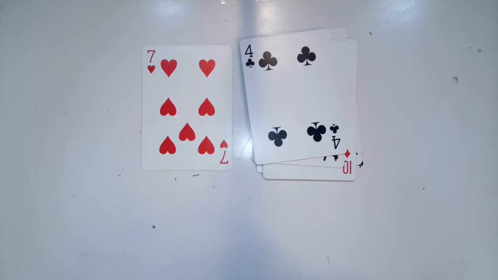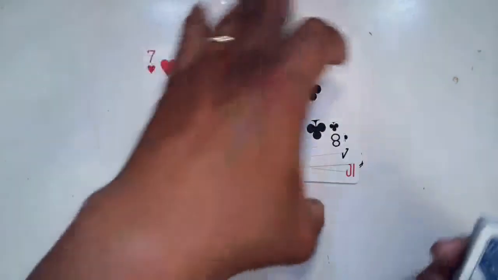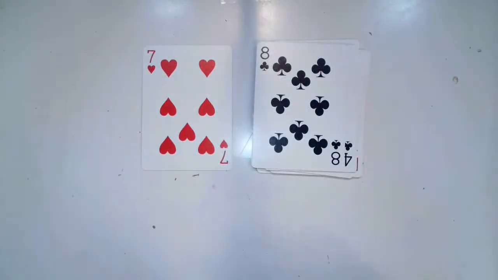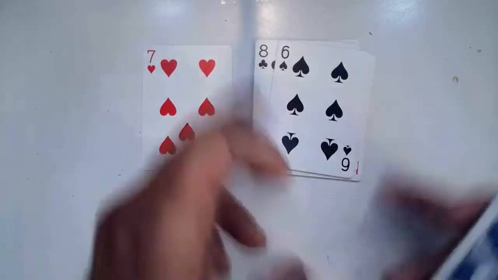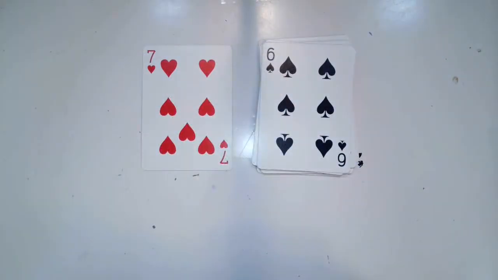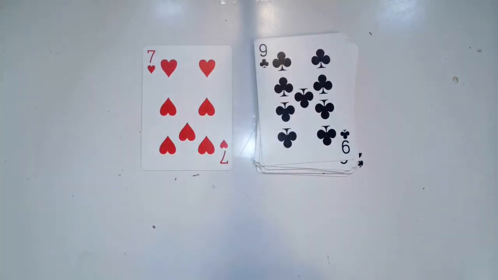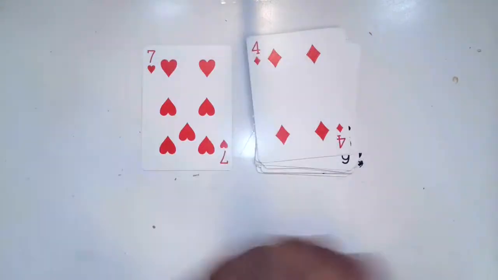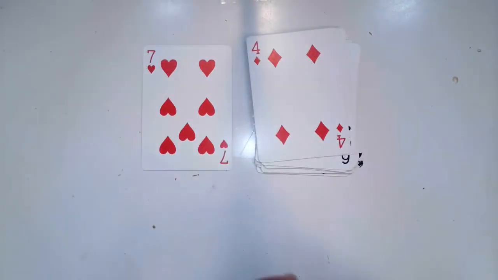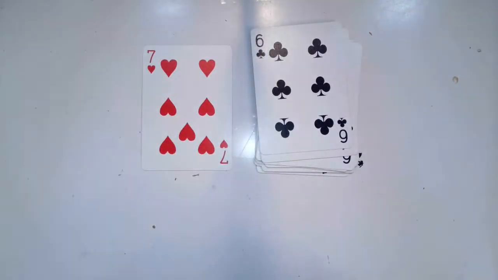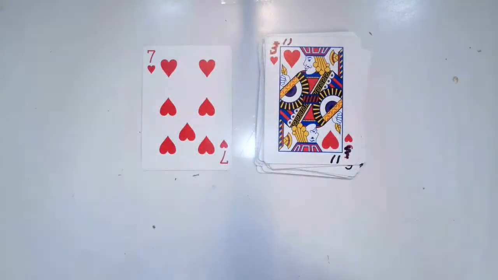7 times 4, 28. 7 times 8, 56. 5, 6, 7, 8. 7 times 6, 42. 7 times 9, 63. 7 times 4, 28. 7 times 6, 42. 7 times 11, 77.